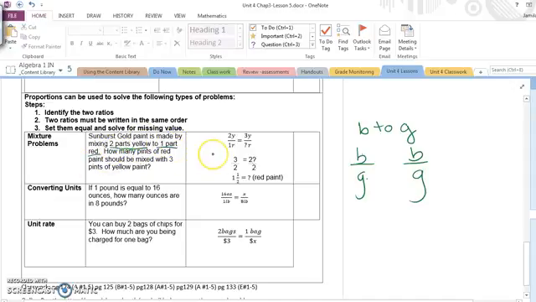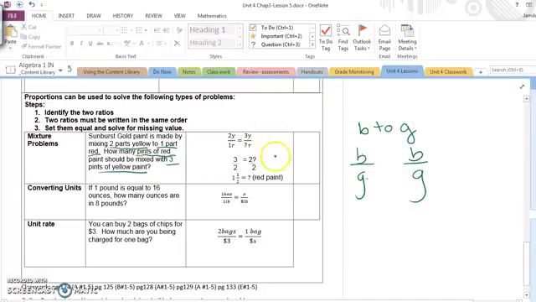The second ratio: how many pints of red paint? So I'm asking about the red. So notice how I put a question mark at the bottom of the second ratio. The bottom represents my red, and I don't know how many red. So how many pints of red paint should be mixed with 3 pints of yellow? 3 yellow. So my 3 is on top.